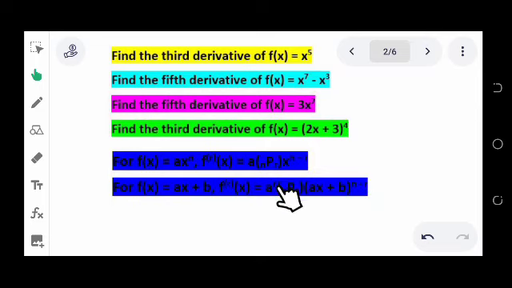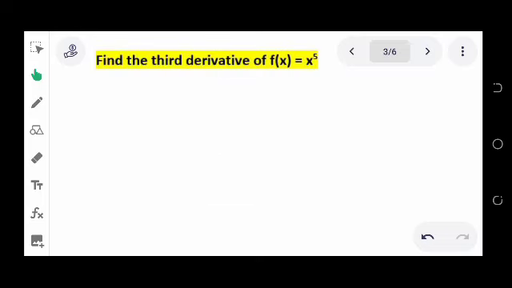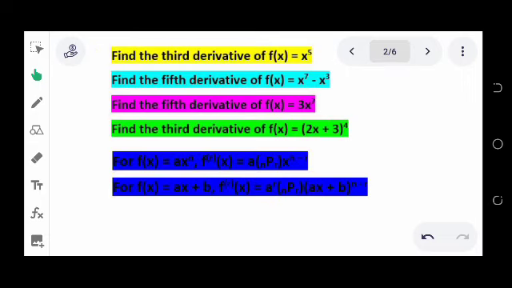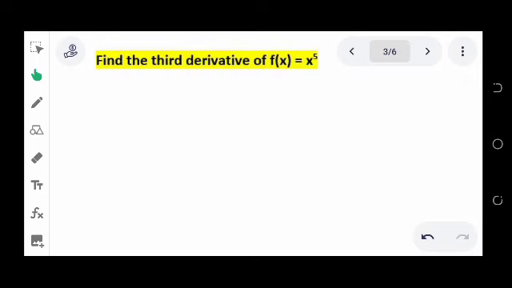So let's use these formulas in finding the derivatives of the given functions here. Let's have the first one. Find the derivative of f of x equals x to the fifth. Now going back to the formula, this is of the form ax to the n. So the formula is a times the permutation of n taken r, x raised to the power of n minus r.